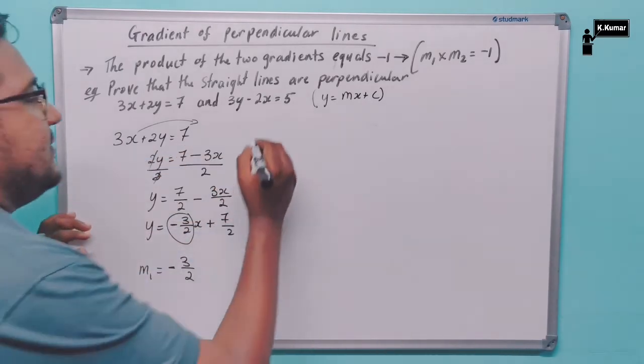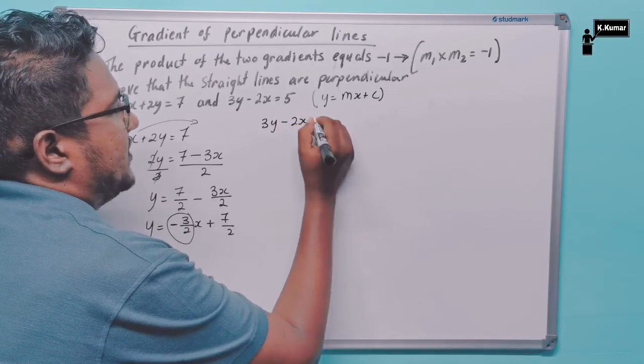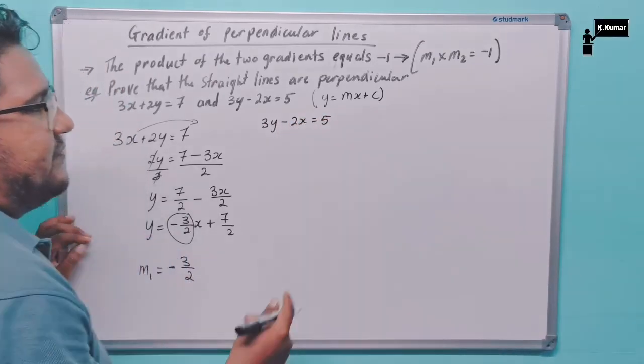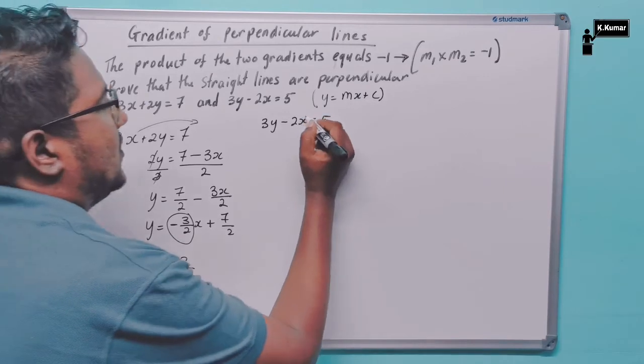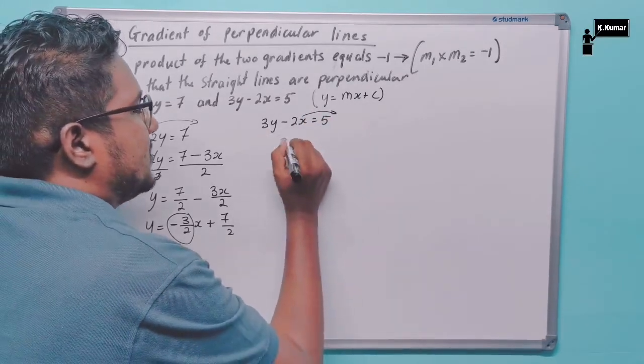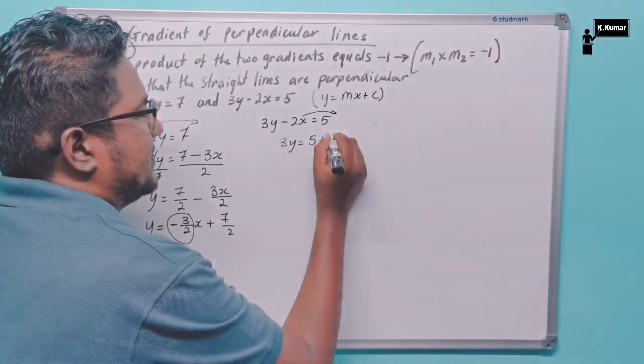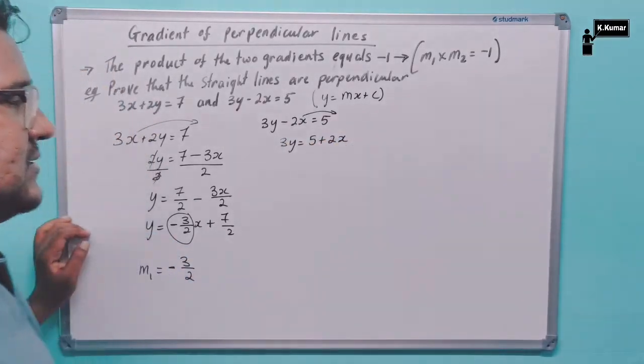Let's look at our second line. 3y minus 2x is equal to 5. So let's start changing this. We take this across because we want the y alone on this one side. So we have 3y is equal to 5, and you take that across, it becomes plus 2x.